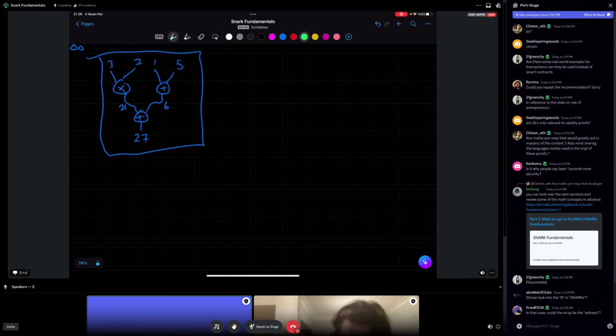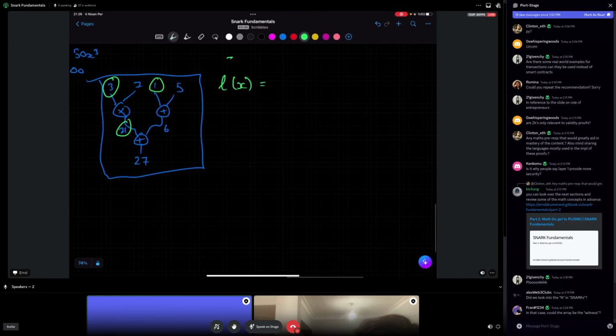And in Plonk, we're going to make them for the left wires. So all the left input wires. That's this 3, this 1, and this 21. We call this L of x. The numbers are 3, 1, 21.